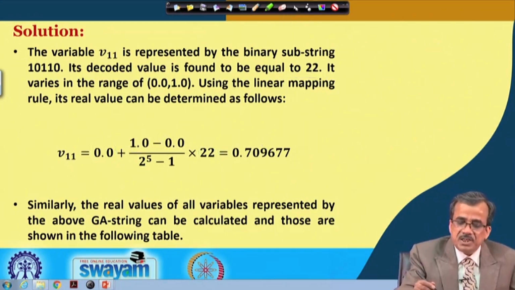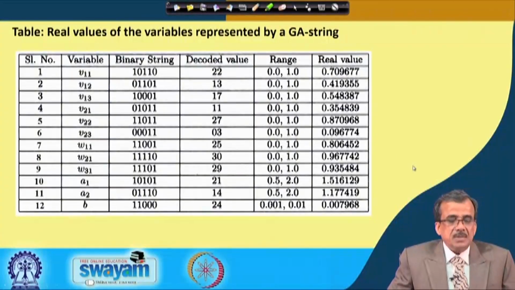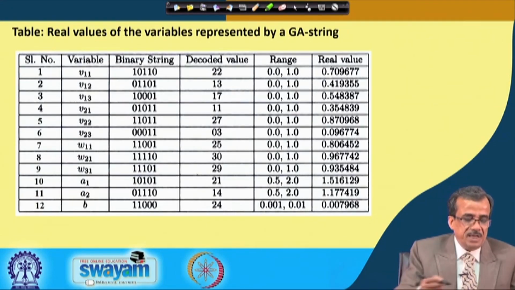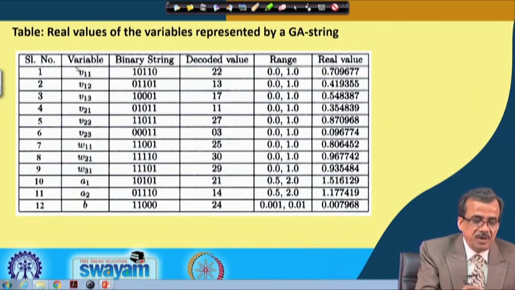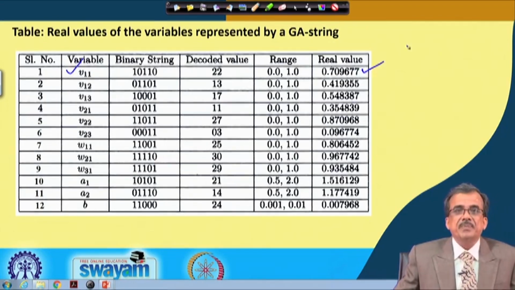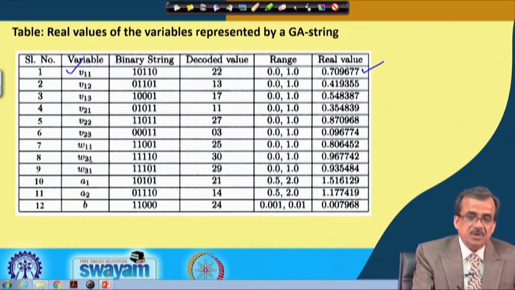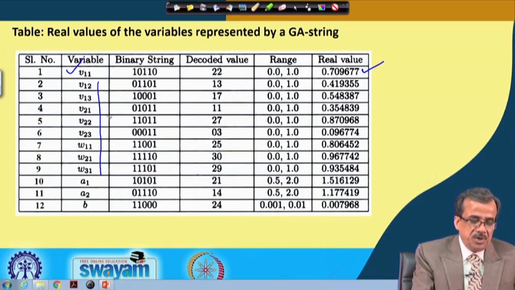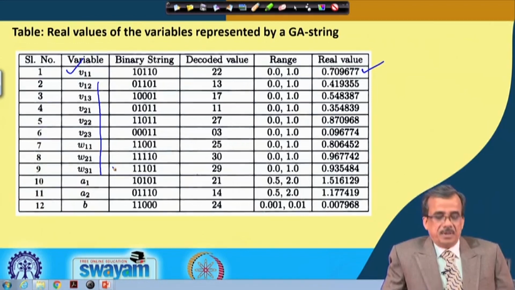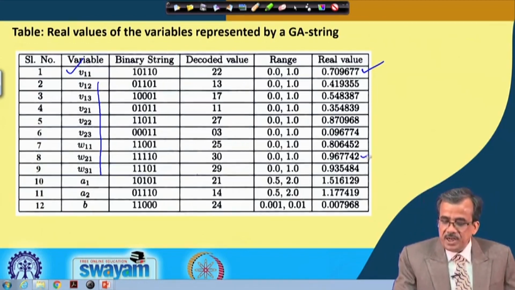Now, the same principle can be used to find out the decoded value and the real value for each of the variables. For V11, I have already discussed how to find the real value. You follow the same principle for each of the connecting weights V11, V12, V13, V21, V22, V23, W11, W21 and W31, and we can find out their corresponding real values.